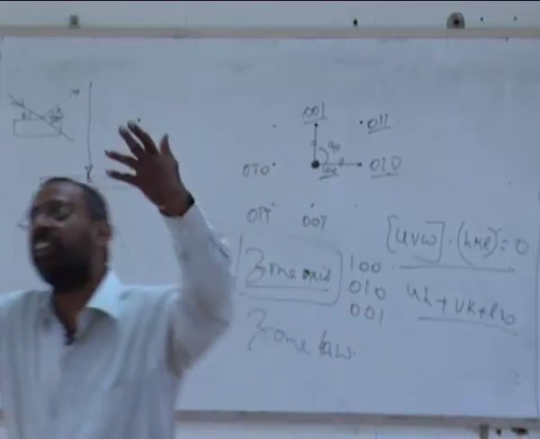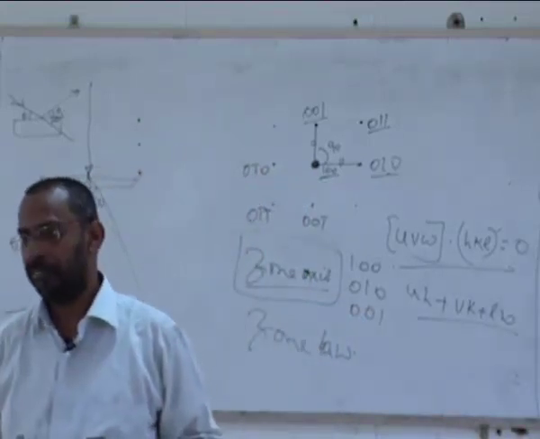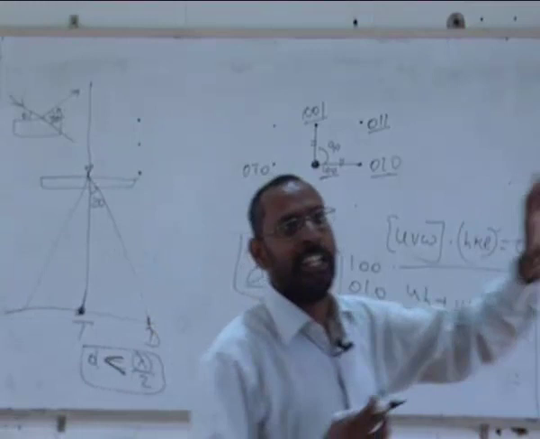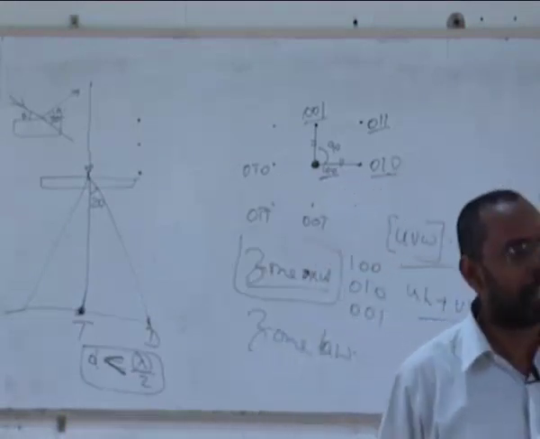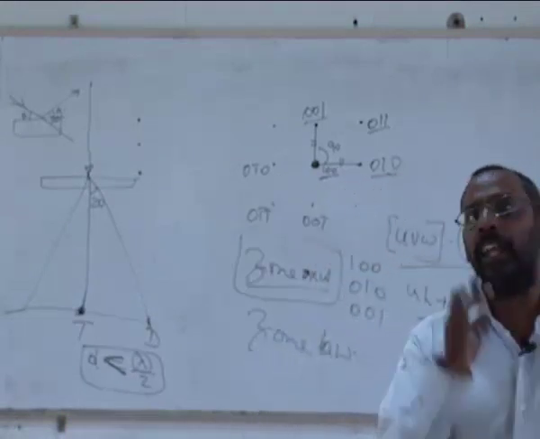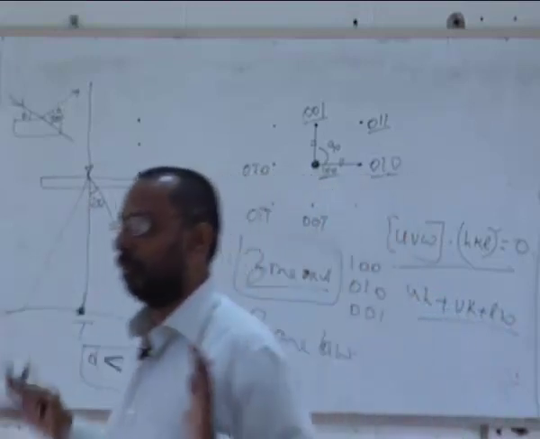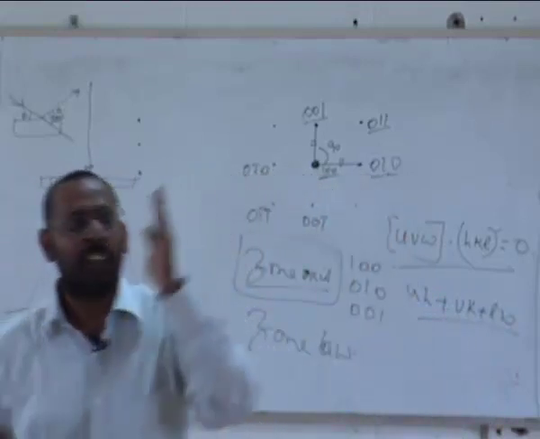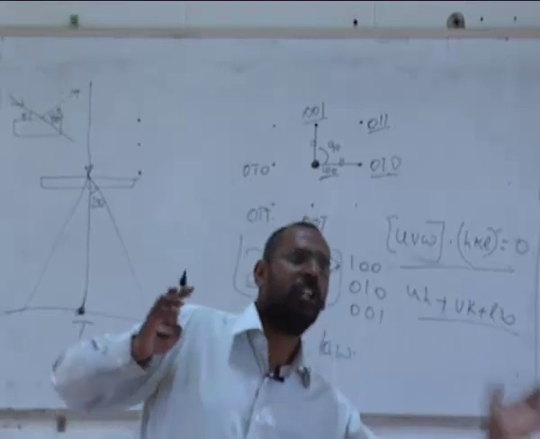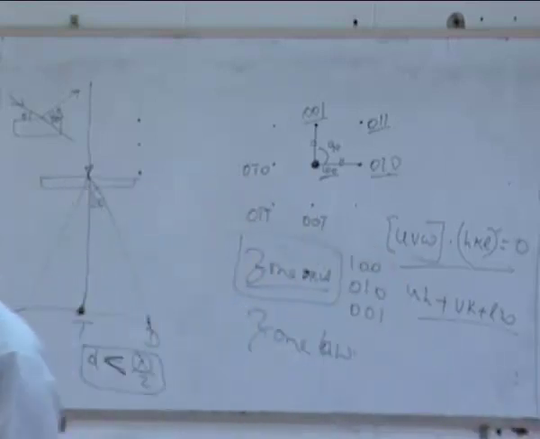What is the law that I am using? I am using the extinction condition, which is there for each of the crystal structures. For FCC, there is a particular extinction condition which tells me that HKL should be unmixed. And the first peak should always be the lowest HKL. Why should it be the lowest HKL?